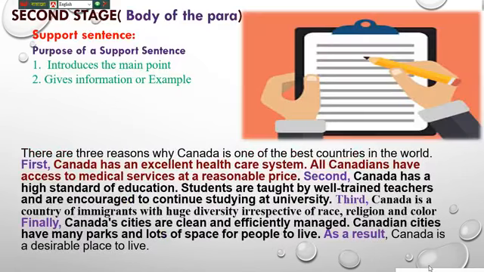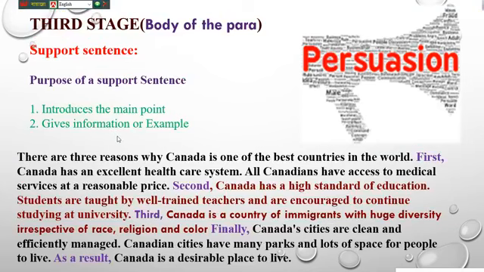So let's see what happened to the next stage. You see here the red marked sentences are the first supporting sentences. It introduces the main point and gives information or examples. And then go for the third stage of the supporting sentence. And here you see, third, Canada is a country of immigrants with huge diversity irrespective of race, religion, and color.